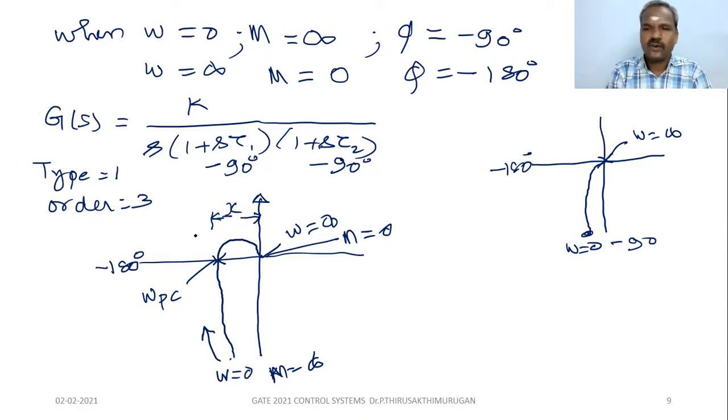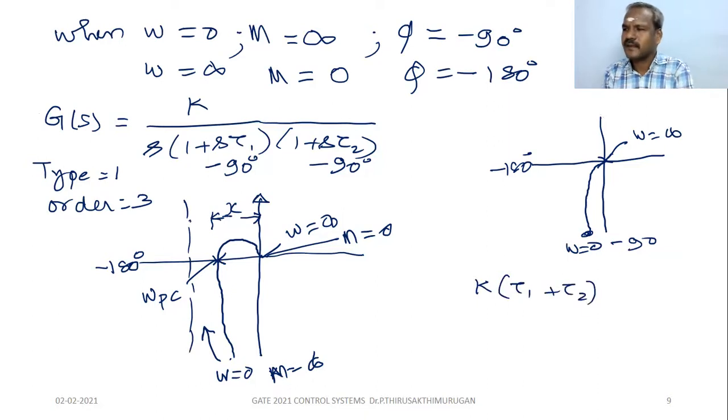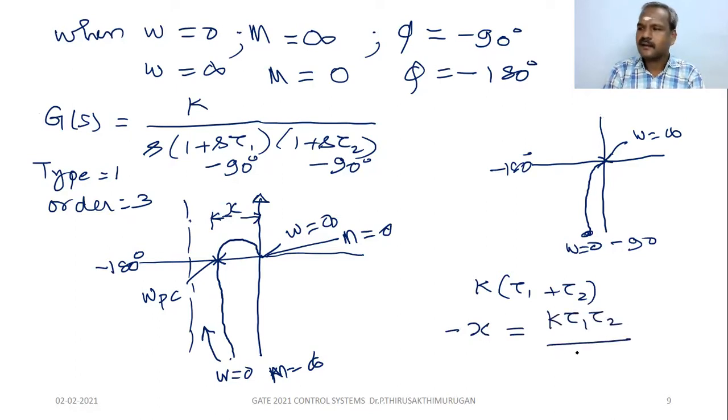But totally this point is varying from 0 to k plus k into tau 1 plus tau 2. So what is this x? The x is nothing but minus x, is nothing but k into tau 1 tau 2 divided by tau 1 plus tau 2. Understand or not?